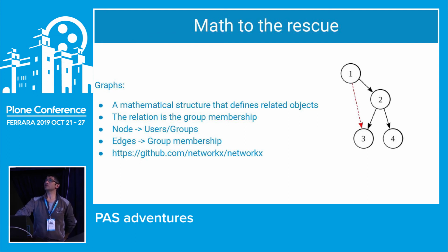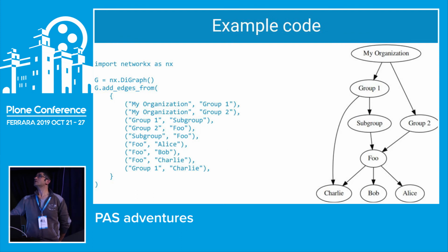To do that, we used a library called NetworkX, which is pretty amazing. So you see on the right a kind of graph. 1, 2, 3, 4 are the nodes, and the arrows are expressing the relationship. This in particular is a directed graph, so that you can identify very well who is the parent and who are the children.